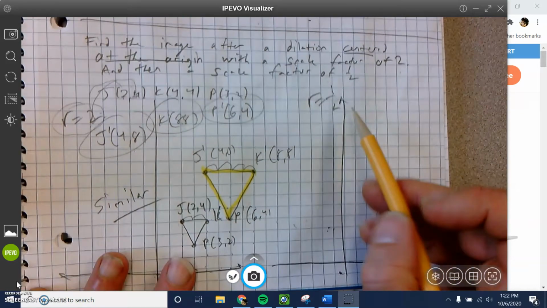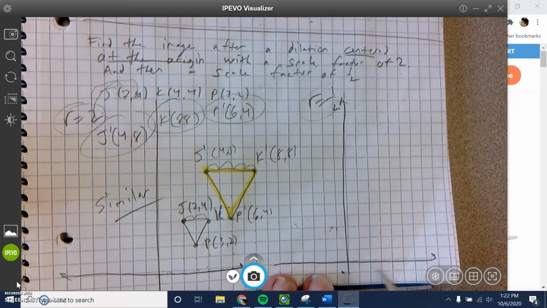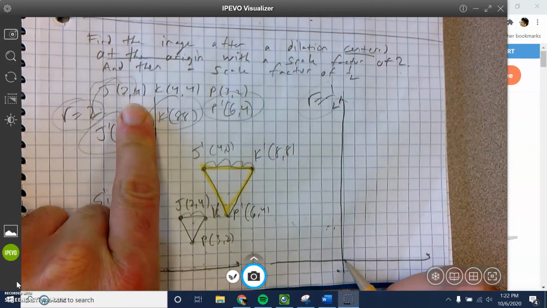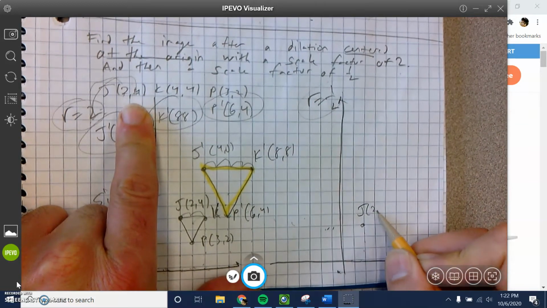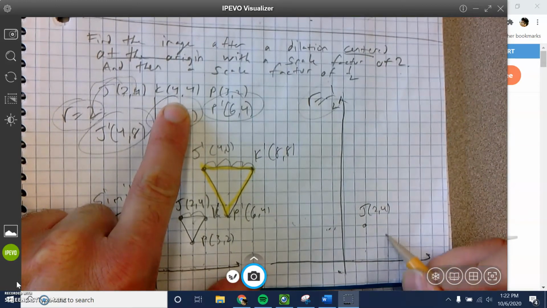All right. Next, let's do the same thing, but now we're going to do a reduction by a half. This is an enlargement by 2, so let's do a reduction. So same points: J is 2, 4. Here is J, which is 2, 4. And then we have K, which is 4, 4.